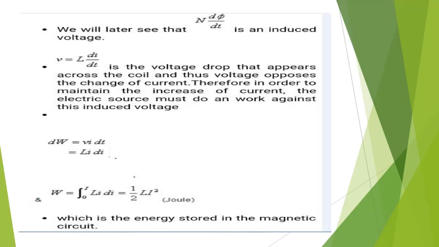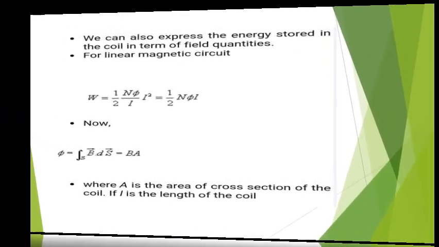It can be given as L I dI. Therefore, the total work done W equals the integral from 0 to I of L I dI, which equals half L I squared, which is the energy used to store the current in the magnetic circuit. This is also known as stored energy.